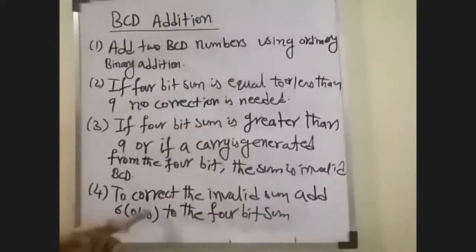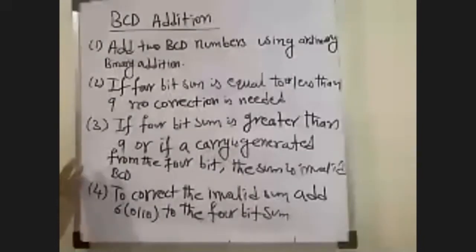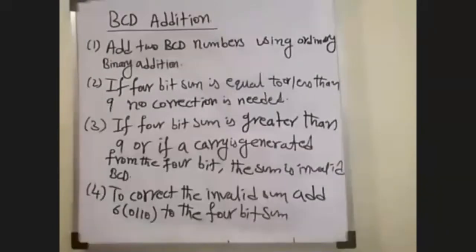If after adding +6 you still do not get the correct value, add +6 again until you get the correct result. Is it clear? So this is the procedure for performing BCD addition. We will see one example, then you can easily understand.